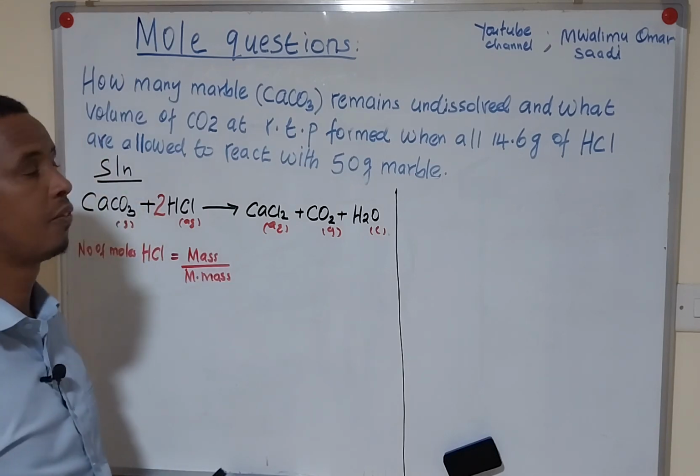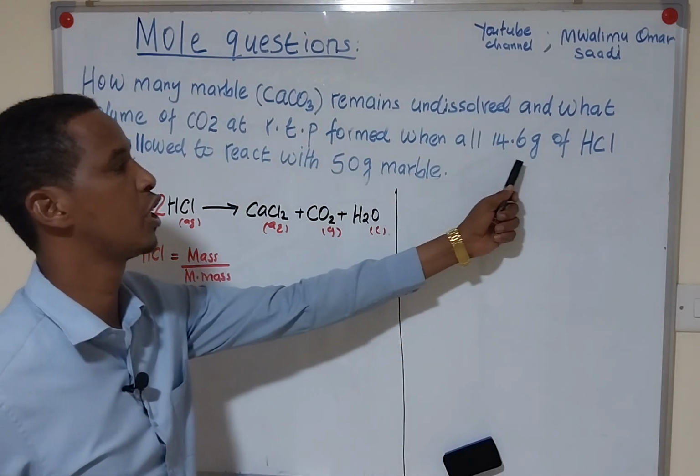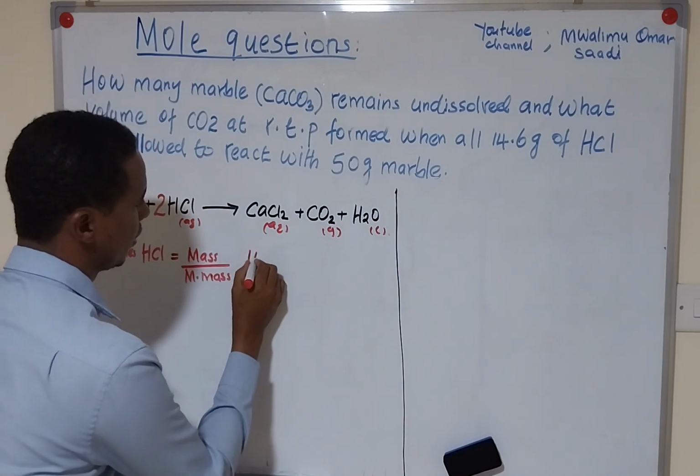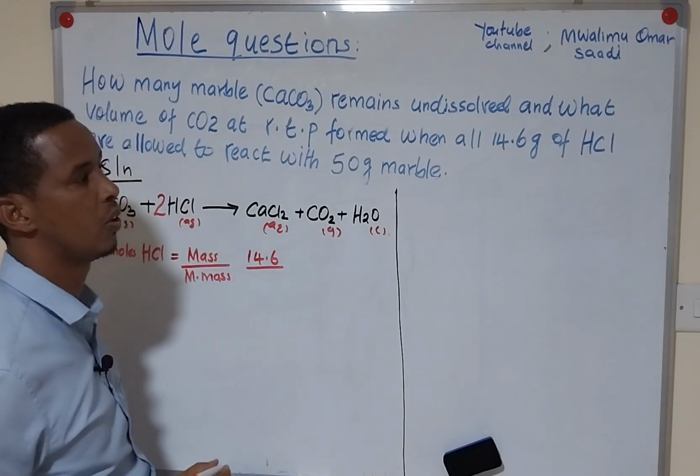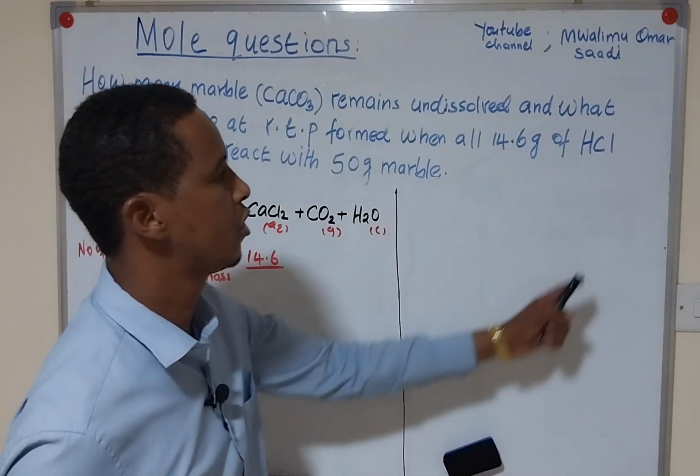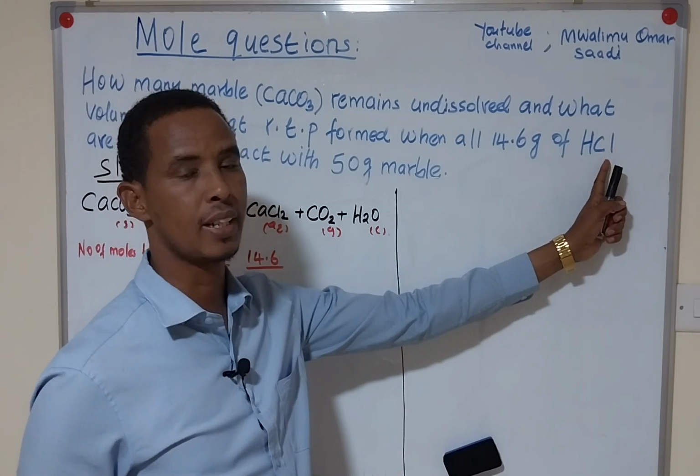The mass of the acid is 14.6 grams. The molar mass of HCl: hydrogen is 1 and chlorine is 35.5, so adding them gives 36.5.